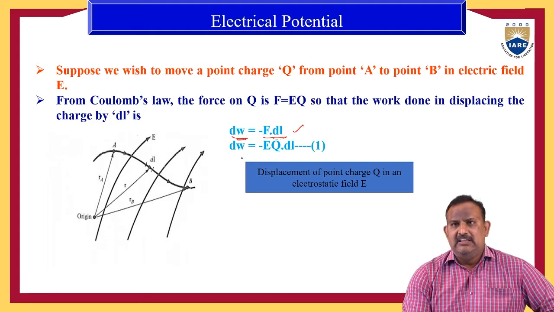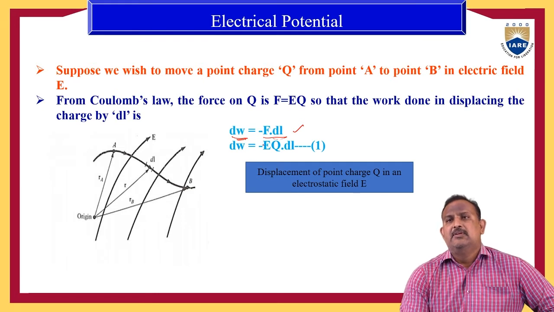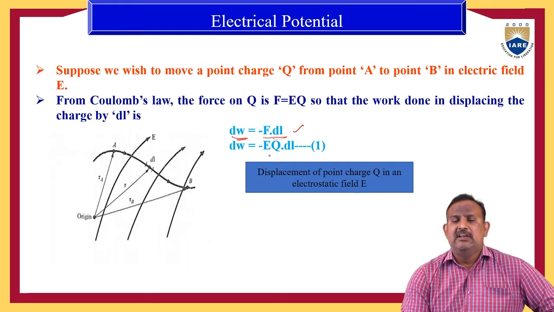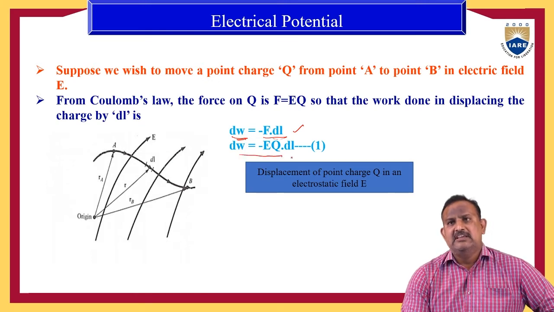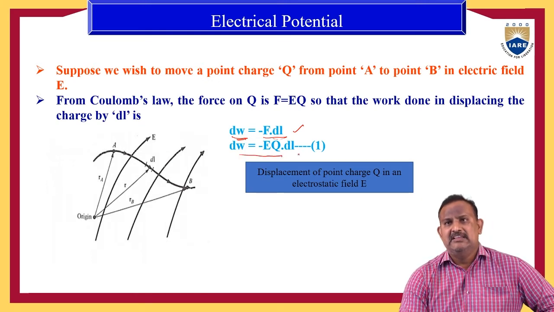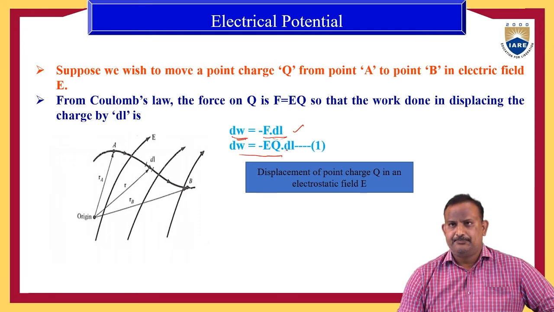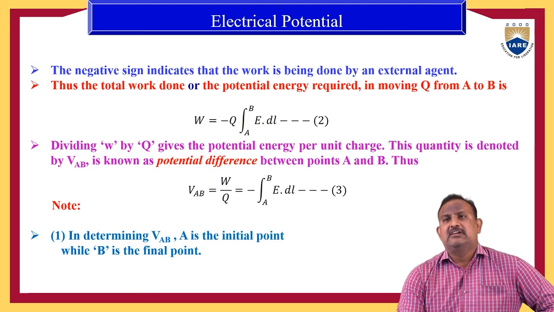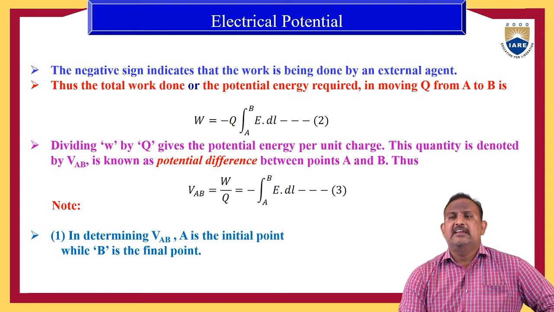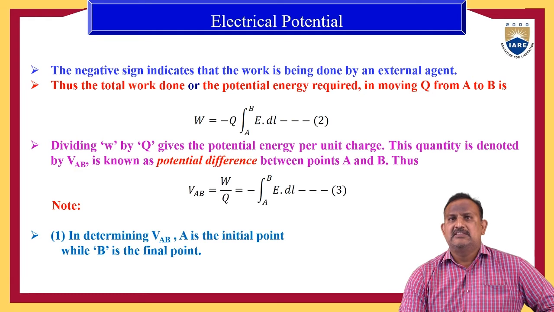Substituting force equal to electric field intensity into charge, dW is equal to minus Q E into dl. The negative sign indicates that the work is being done by an external agent.